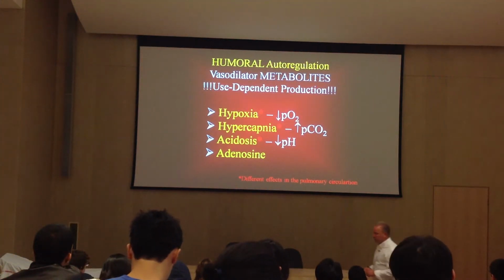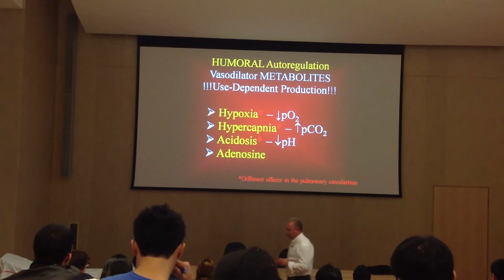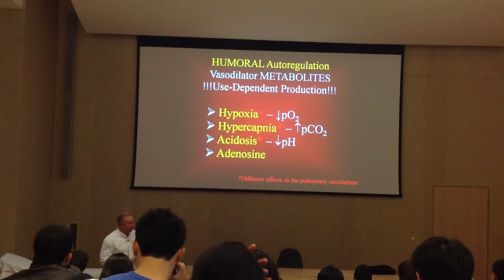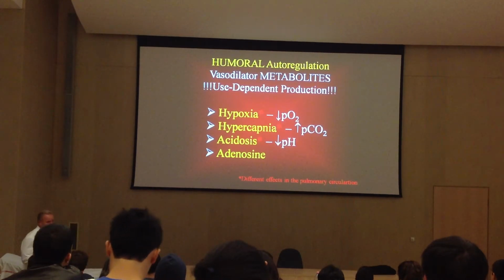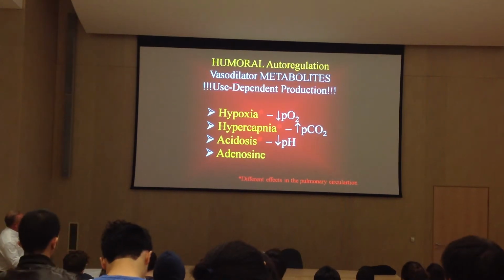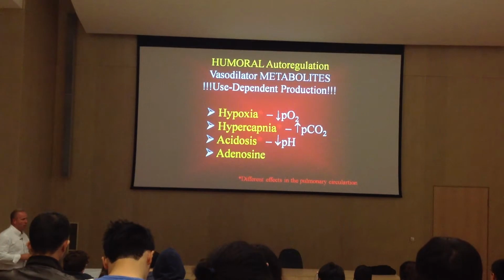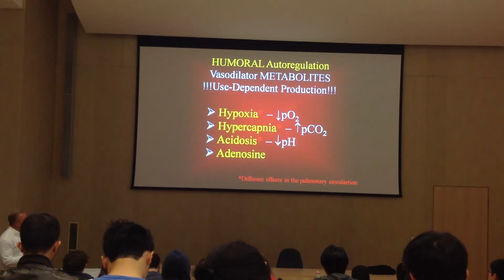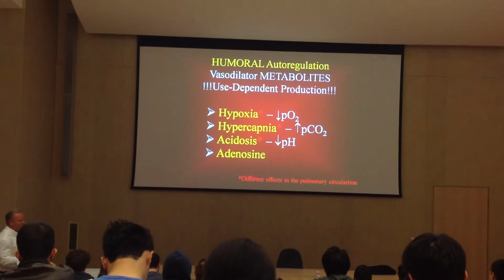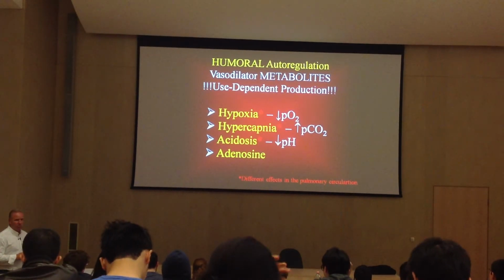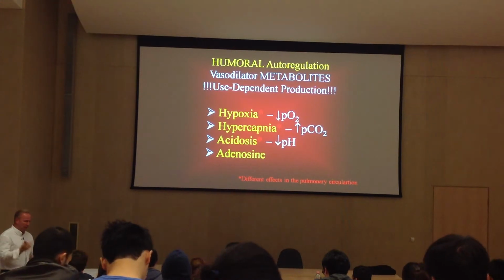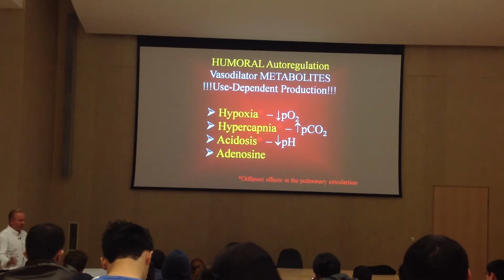Now, what are the so-called humoral autoregulatory agents? Well, kind of surprisingly, these are the agents that we have learned together. These are produced, and we introduced this new term, use-dependently. The more you use an organ, the more hypoxia, hypercapnia, acidosis, and adenosine that you produce. And this is so obvious, what's happening now. Let's just talk again about physical exercise.